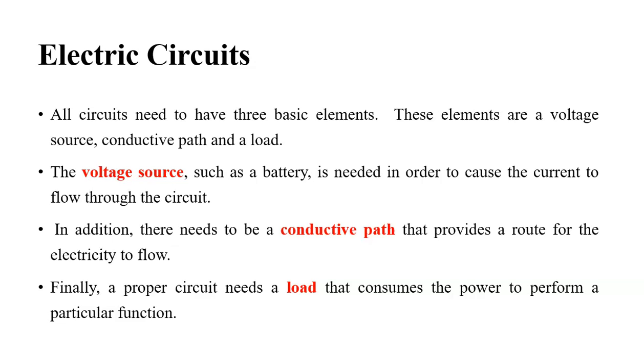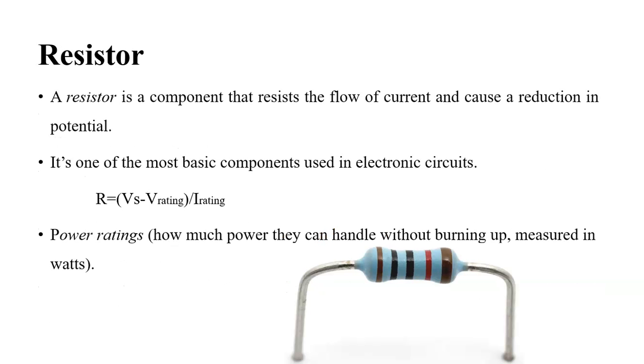There must be a load that consumes the power coming from the voltage source. This load could be a resistor, a motor, a light bulb, or other output devices in our circuit.